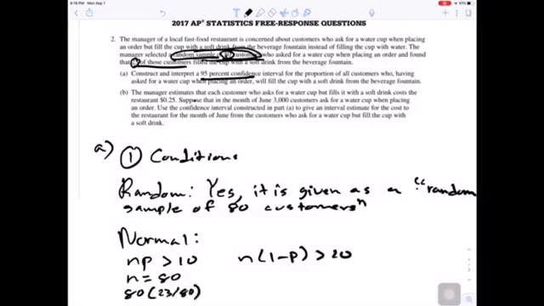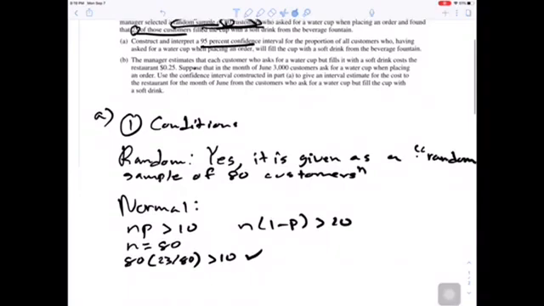So we know that n equals 80, and so we can solve for 80 times 23 over 80, which is the calculated probability, and we can see that it's greater than 10. That's one check. And n is also 80 for the second inequality, except this time we have to subtract the probability from 1.